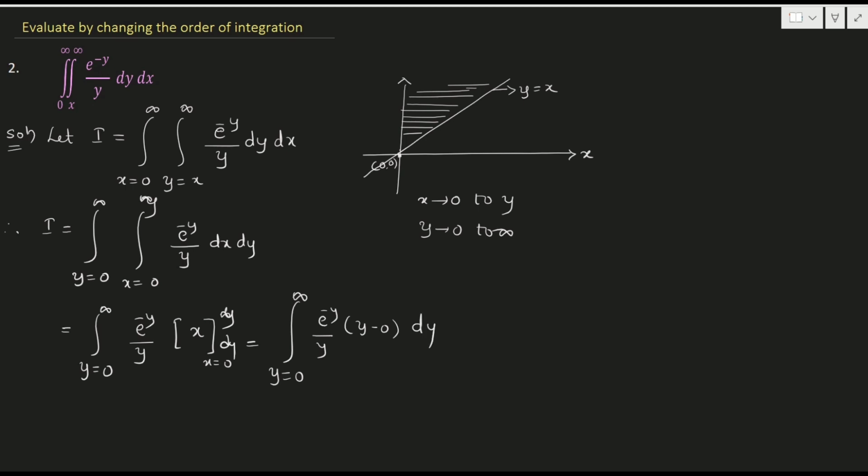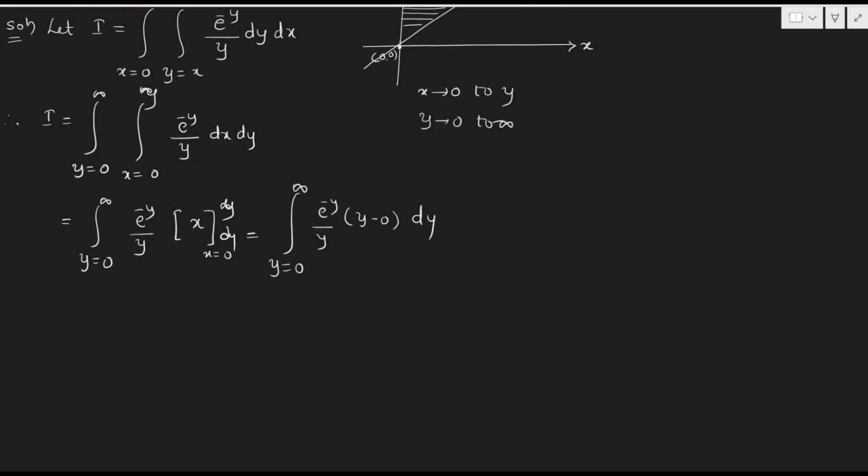Now you have to integrate with respect to y. So the integral will be y varies from 0 to infinity of e raised to minus y by y into y dy. Whatever is left is only e raised to minus y into dy. Now the integration of e raised to minus y is minus e raised to minus y, with limits from 0 to infinity.